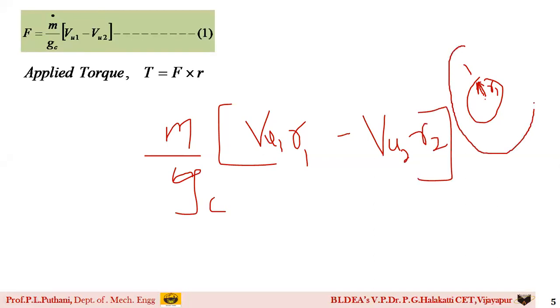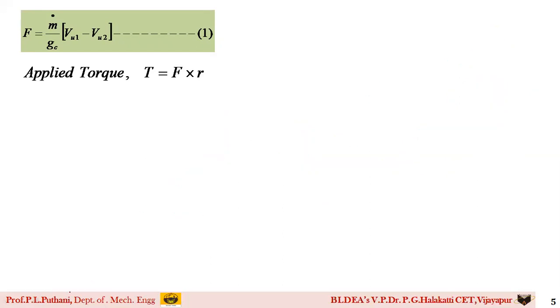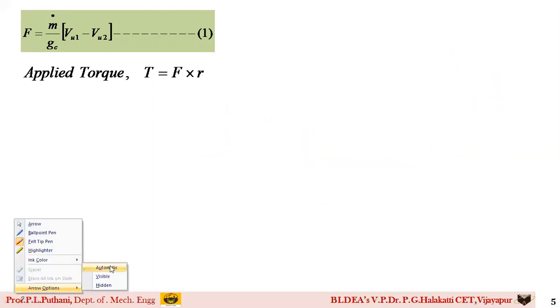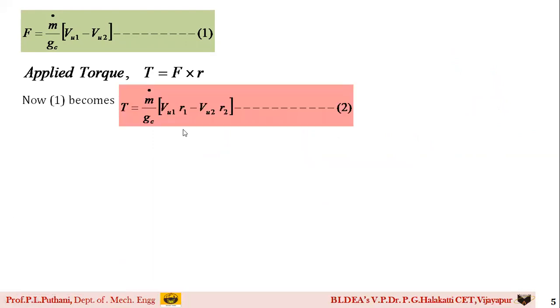At R2 the fluid is leaving the system of the rotor. So when I consider the torque equation with radii R1 and R2, it gets reduced to this form, that is M dot by Gc, Vu1 into R1 minus Vu2 into R2.